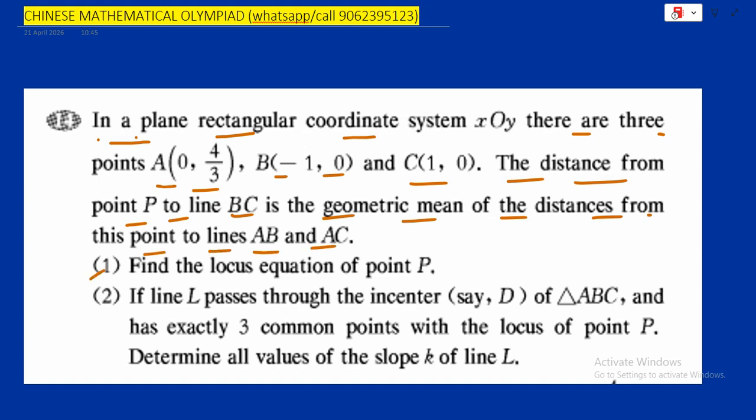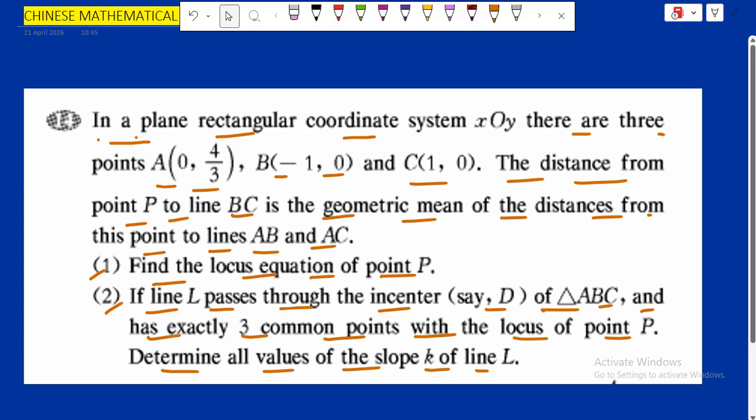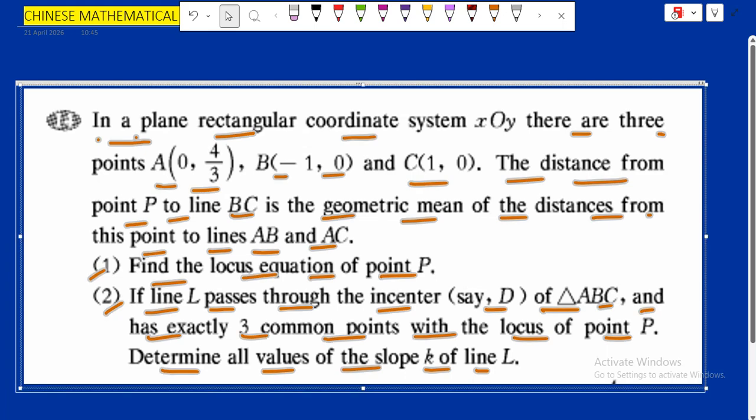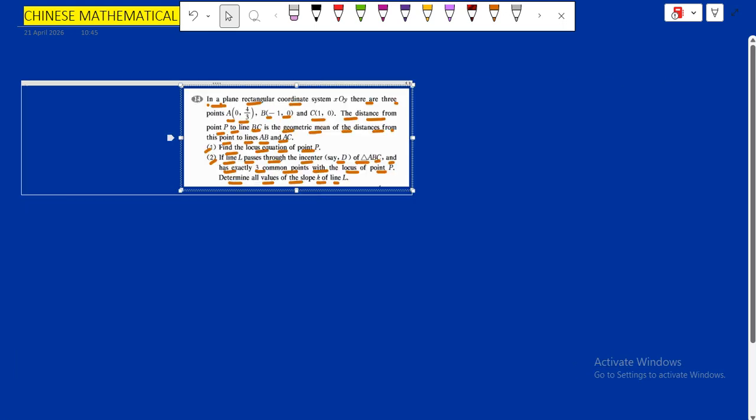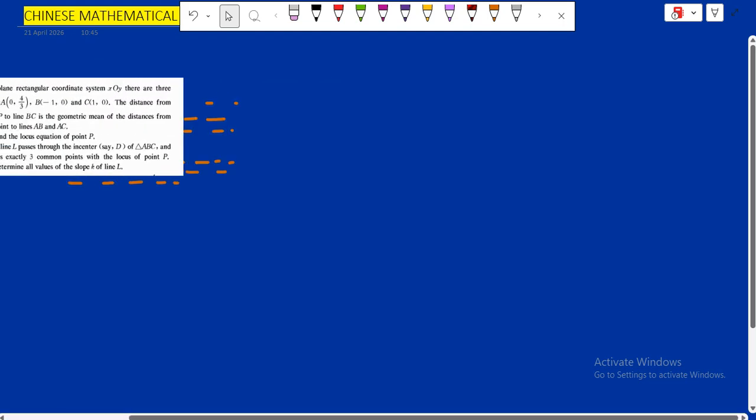First, find the locus equation of the point P. Second, if the line L passes through the incenter, say D, of triangle ABC and has exactly 3 common points with the locus of the point P, then determine all values of the slope k of line L. Okay, so we will solve this question and learn all the concepts behind it.